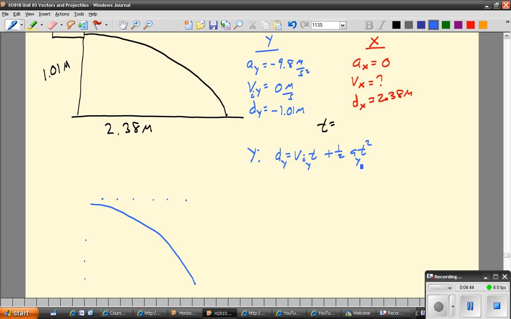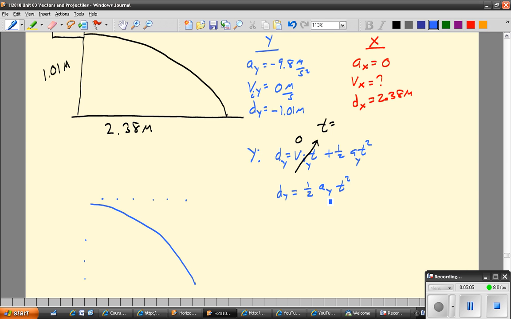Notice the t doesn't have a subscript because the t is the same in both directions. The other nice thing about this being horizontal projectile motion is that the initial velocity term will always be 0 if you launch it at 0 degrees horizontally. So you're left with this.